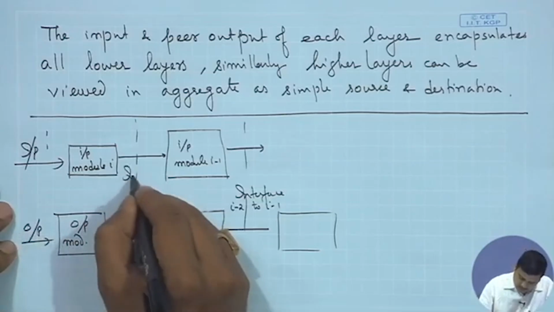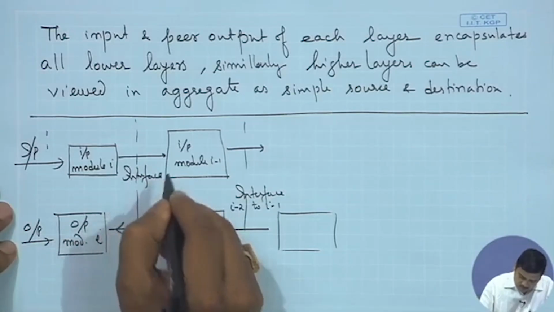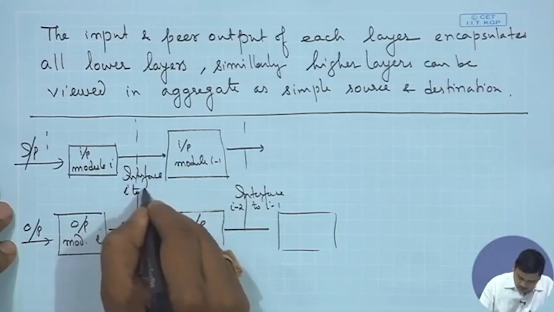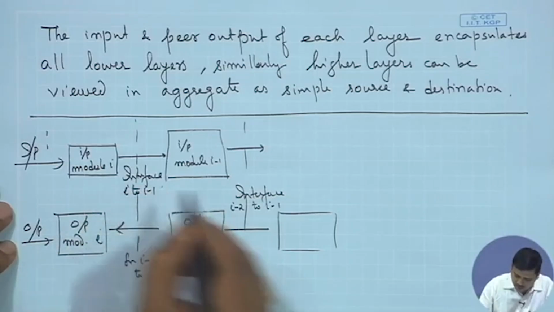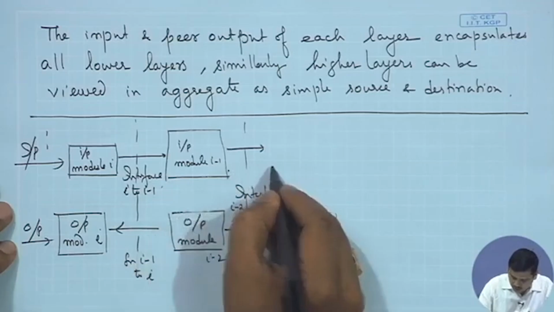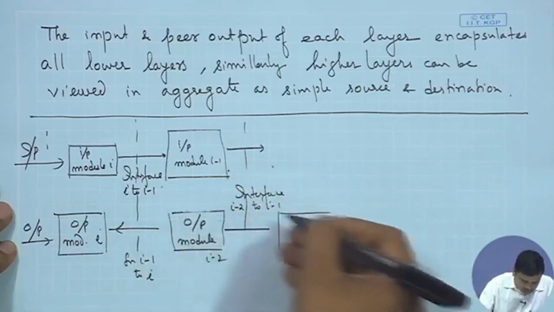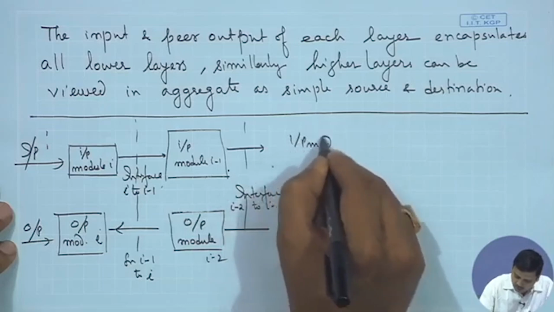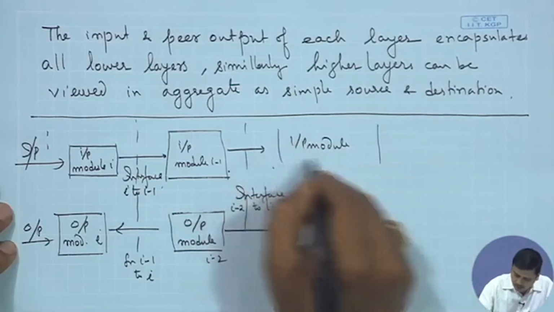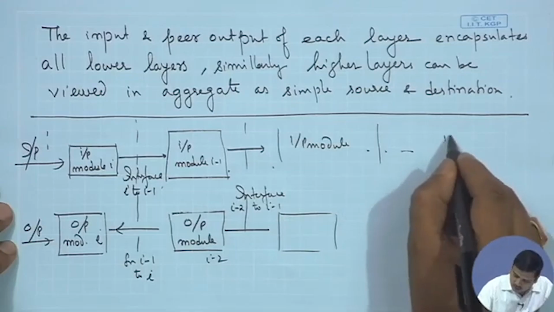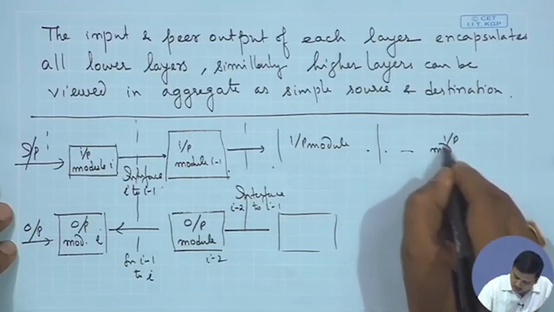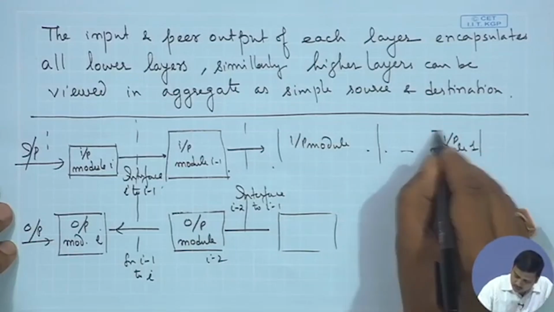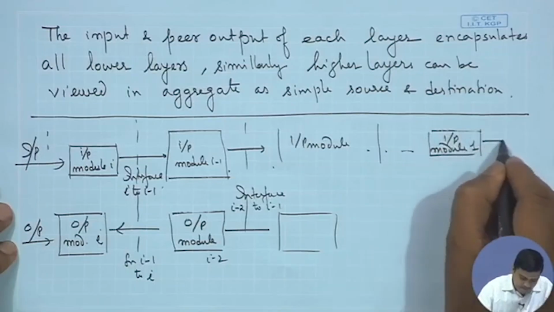So, this is the interface of I to I minus 1, I minus 1 to I minus 2. This side it is I minus 2 to I minus 1, right. So, these are all input modules and goes on to the last module, input module 1, goes into the channel.